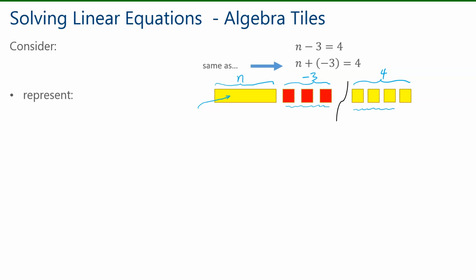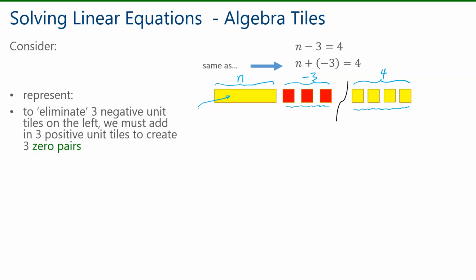Because I don't have any red unit tiles on the right-hand side. So I can't just remove them. This is where the idea of zero pairs comes in. So to eliminate 3 negative unit tiles on the left, we must add in 3 positive unit tiles to create 3 zero pairs.